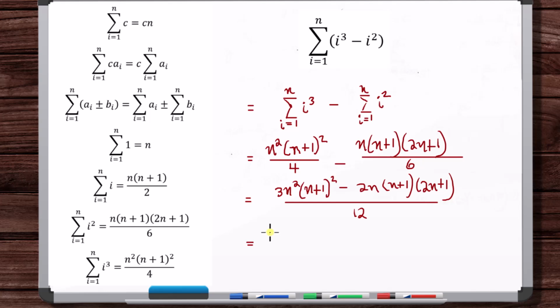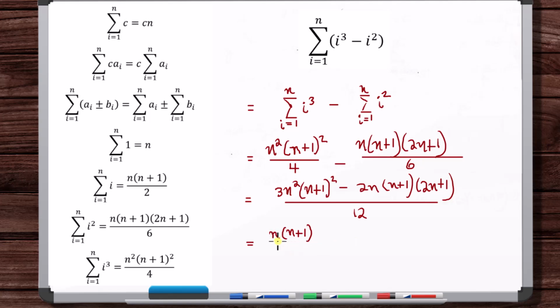Now let's see if we can take out an n and an n plus 1. Let's see what that does. And then bring this 12 out here.